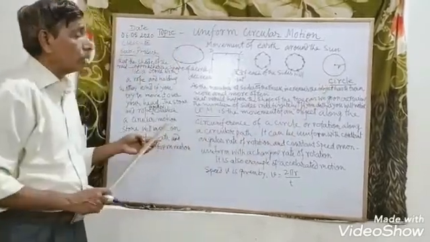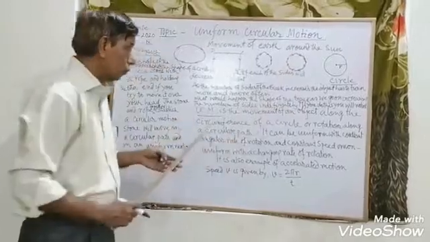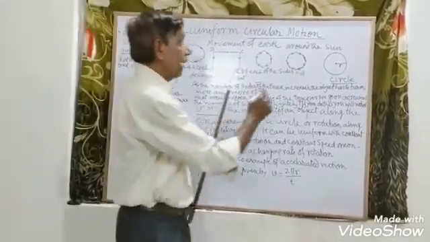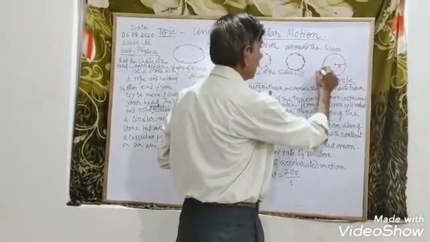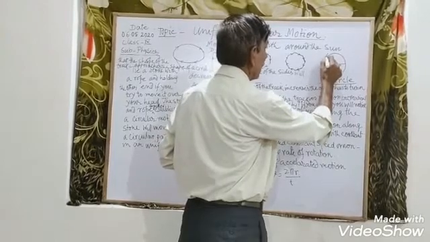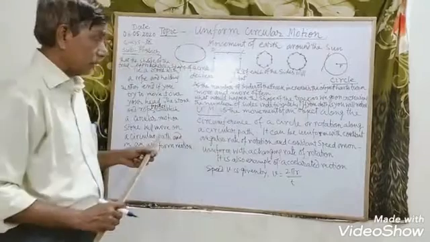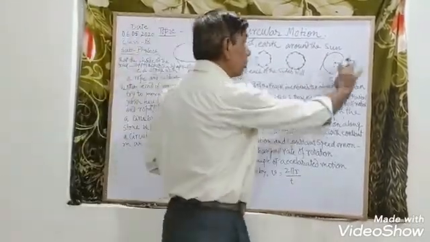It is uniform circular motion. It can be uniform with a constant angular rate. Just see, if we draw a tangent here, it forms an angle here. So, uniform angular rate of rotation and constant speed.